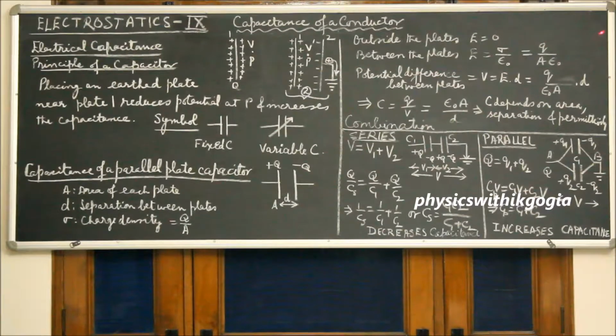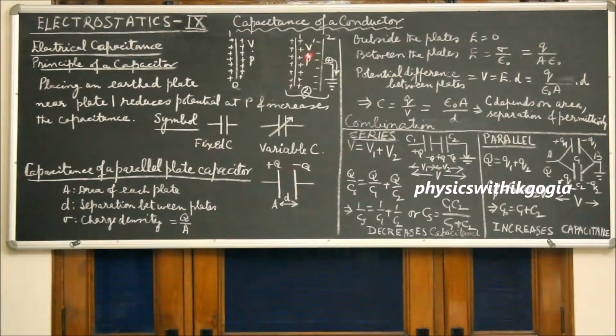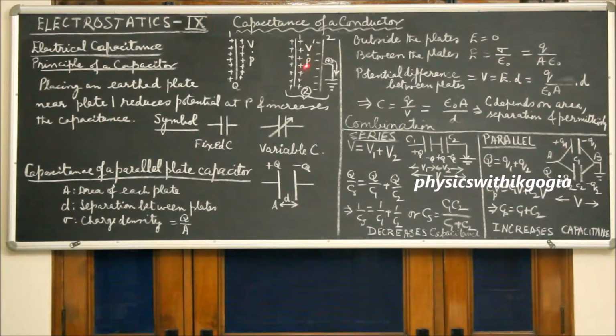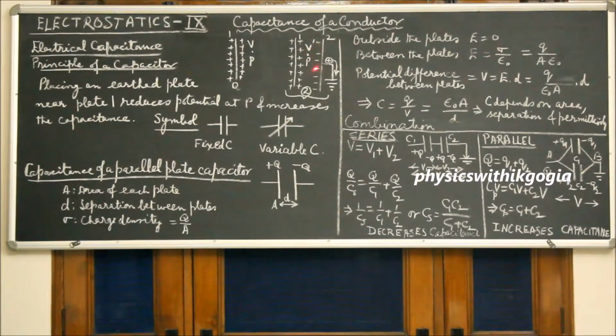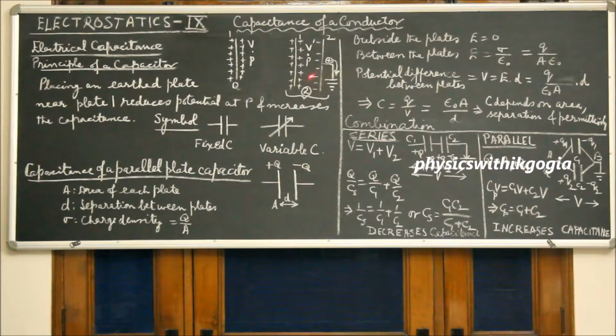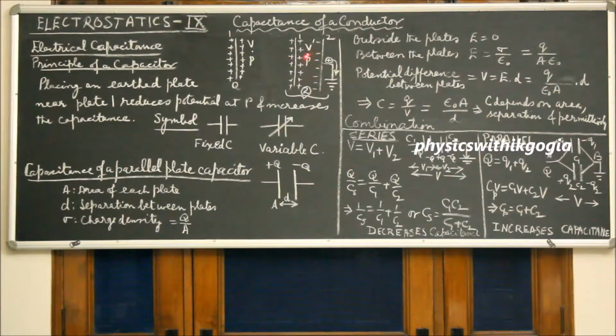Therefore, if you bring a unit positive charge again from infinity to this point P, this charge will be helped by the negative charge because of the attractive force. Likewise, the work done to bring the charge to point P will now be reduced, thereby reducing the potential.